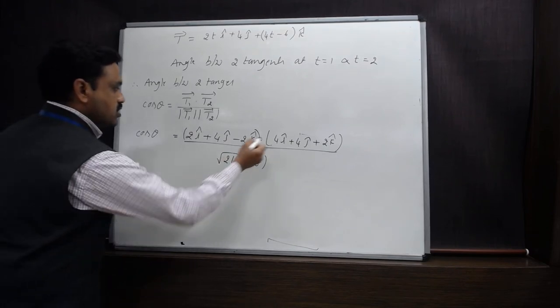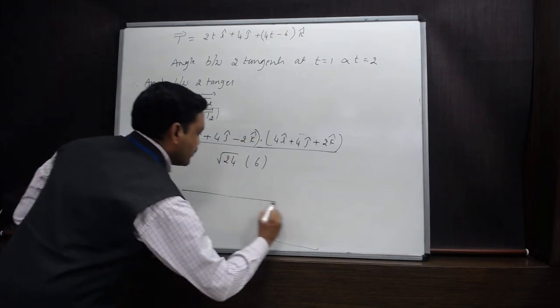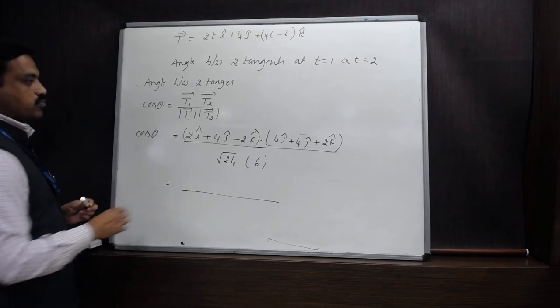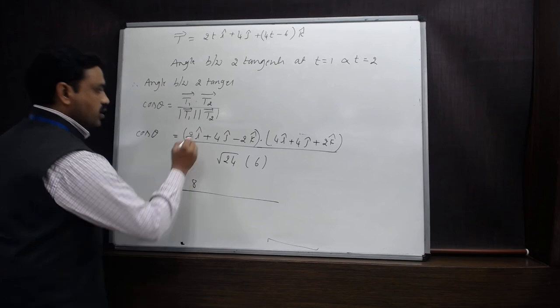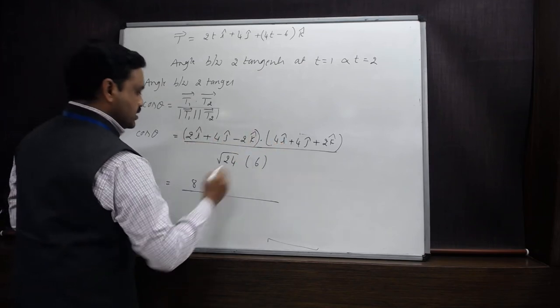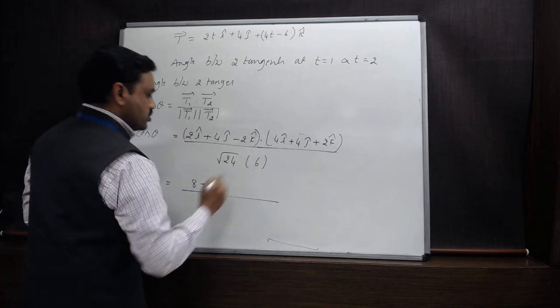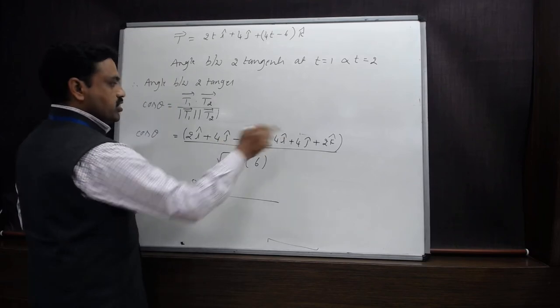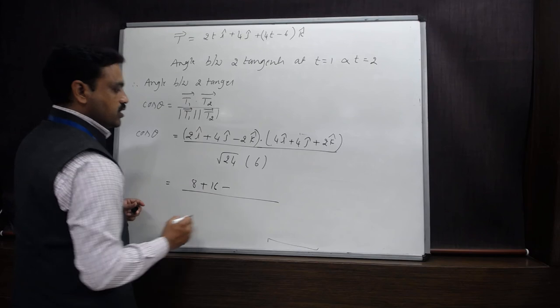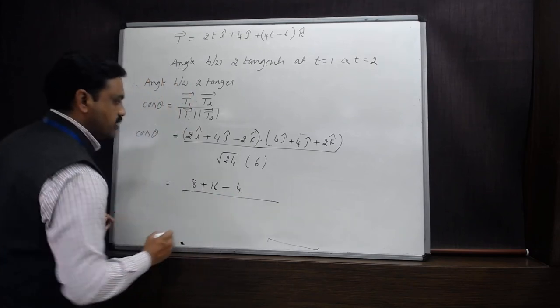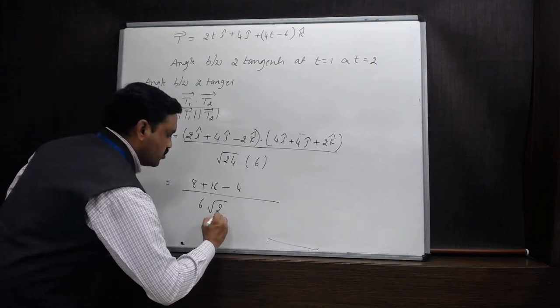So that is equal to, this is the dot product, we have to simplify the dot product of two vectors. 2 into 4, 8, i dot i is 1, plus into plus, 4 4s are 16, j dot j 1, now minus into plus, minus 2 2s are 4, divided by 6 into root 24.